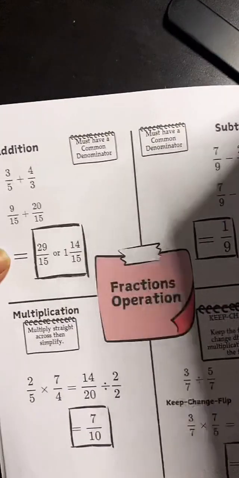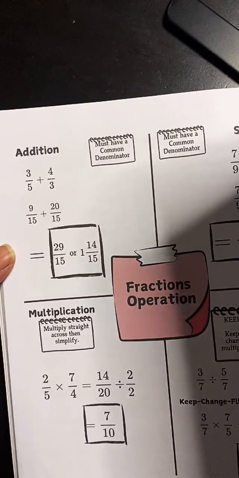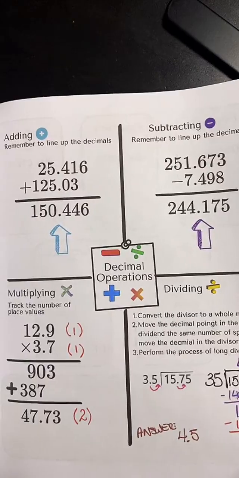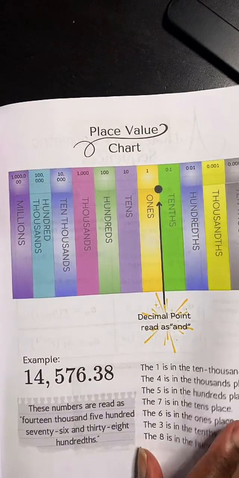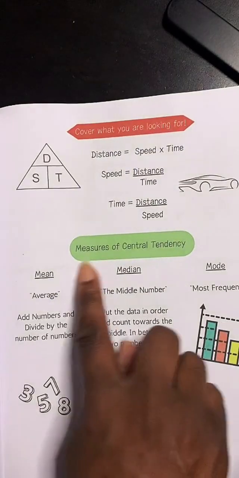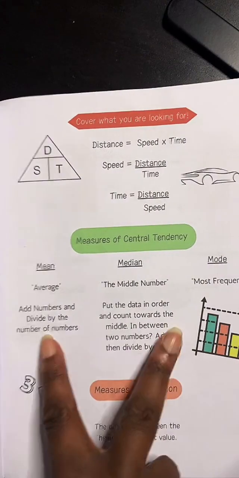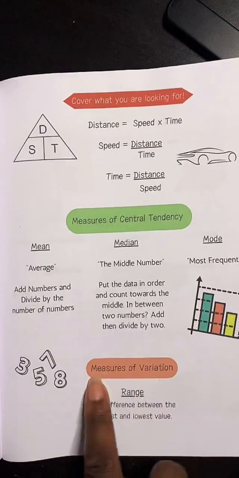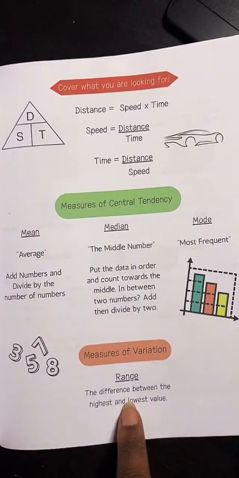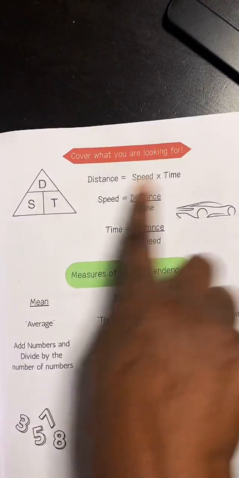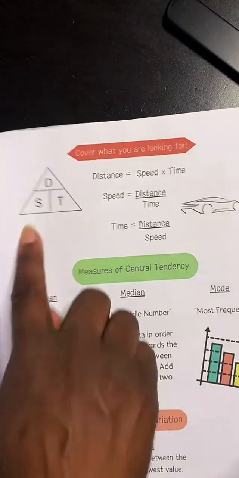Then fractions, how to add, subtract, multiply, divide fractions. The same with decimals. And then place values, as well as the measures of central tendency. Just a reminder, then the measure of variance, that's what your range is. Then also distance, speed, and time, trying to figure out what that formula is.